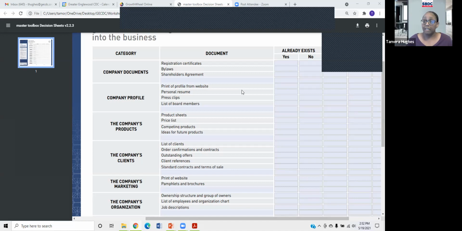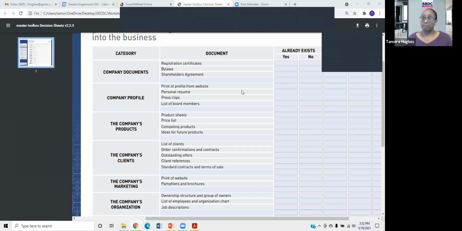Then you have the company profile. You may want to print this from your website if it's already on your website, or you may want to develop a profile of your organization, like a company description.